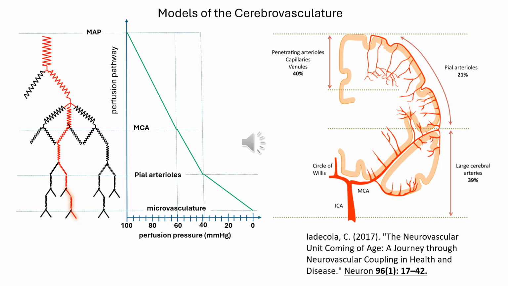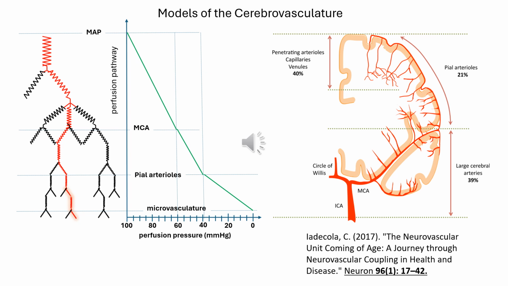In the center, the loss of perfusion pressure, the green line, is shown as blood flows down the resistance cascade. And on the right, the percentage of the total vascular resistance each segment of the pathway offers to blood flow.